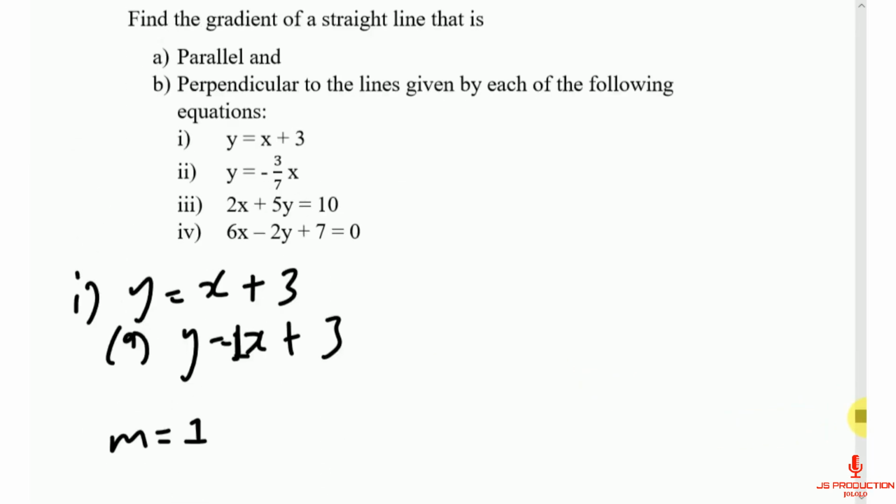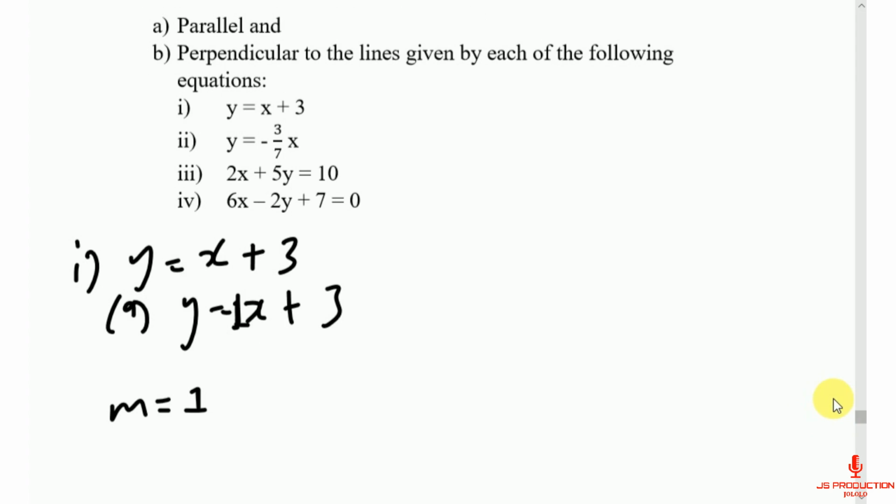So the gradient of our parallel line is going to be equal to 1. So let us look at B. We are supposed to calculate the gradient of the perpendicular line. We have calculated that the gradient of the parallel line will be 1.